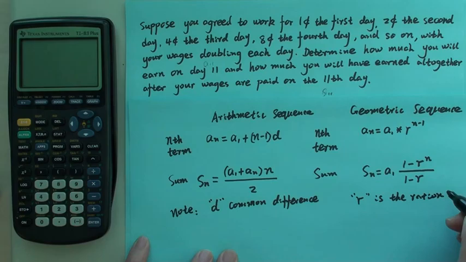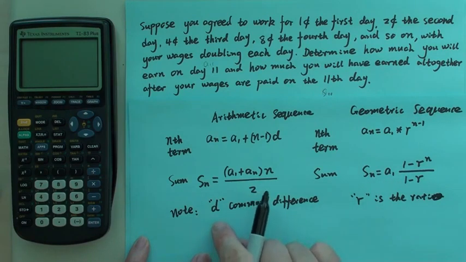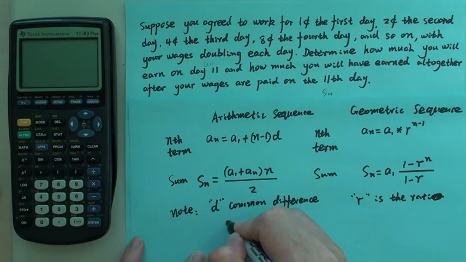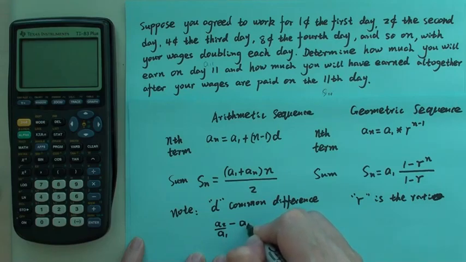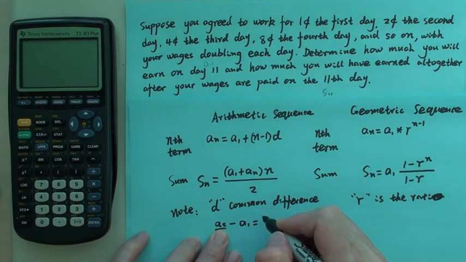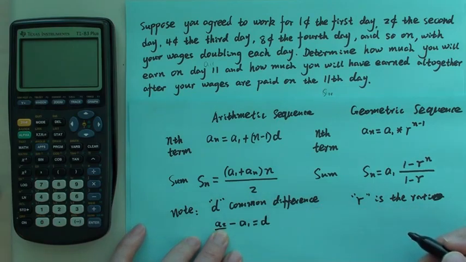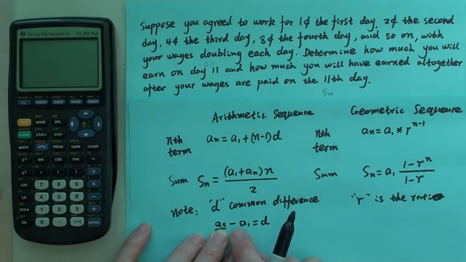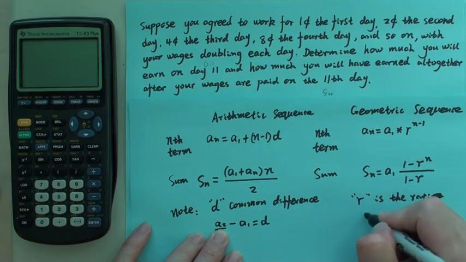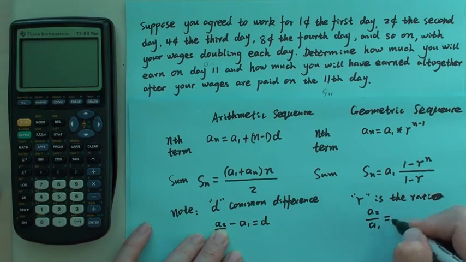Remember, d is always the second term minus the first one: A2 minus A1 equals d, or the following term minus the previous term. And the ratio is A2 over A1 equals r.